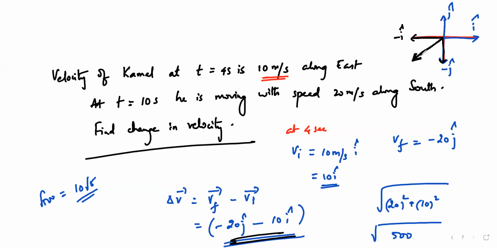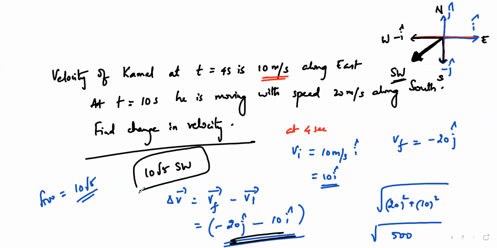This is north, this is south, this is east, this is west. What direction is this? Southwest. So the change in velocity will be 10 root 5 in the direction of southwest. Okay, clear? Right, take one more question.